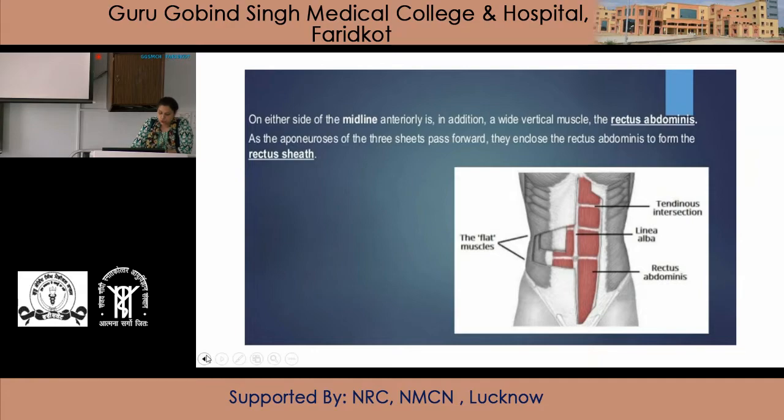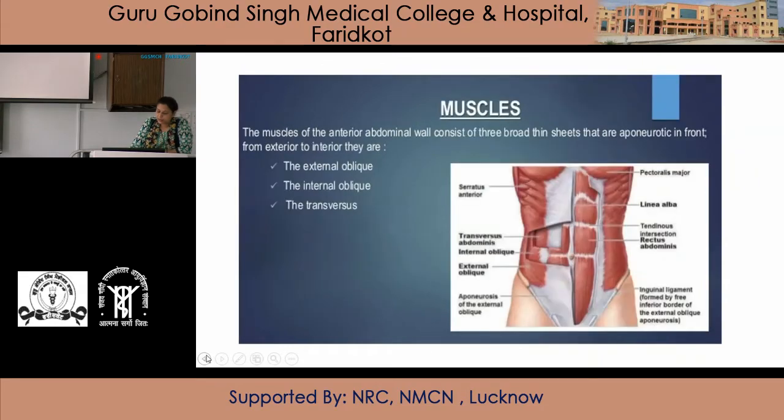So there are three main muscles: external oblique, internal oblique and transversus abdominis. And in the midline center there is the rectus abdominis. The aponeuroses of these three muscles enclose the central muscle, the rectus abdominis muscle, to form the rectus sheath.